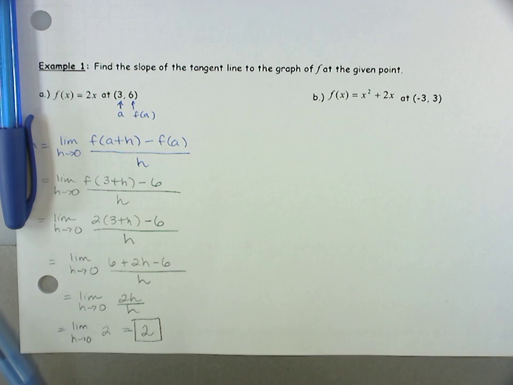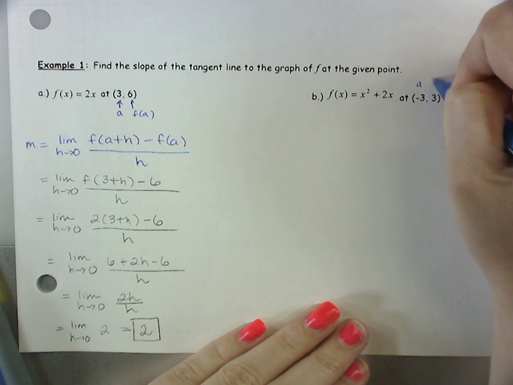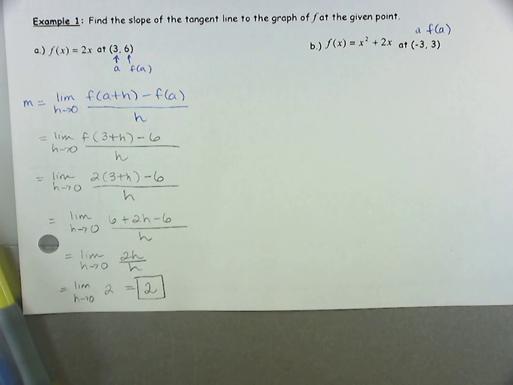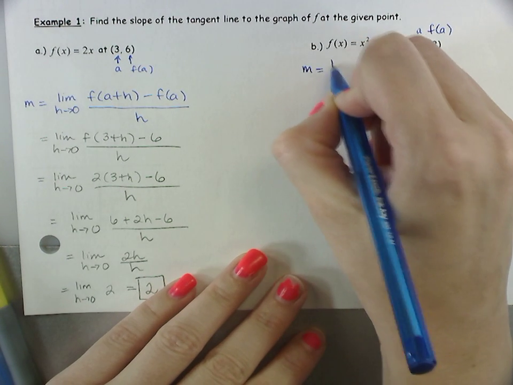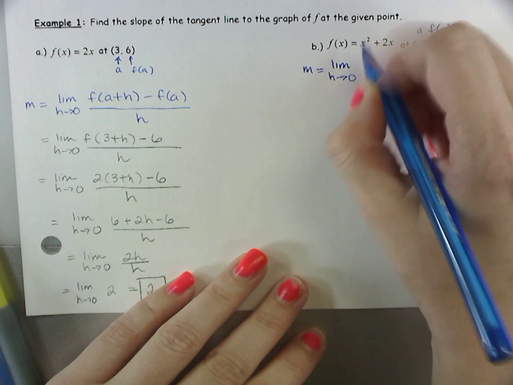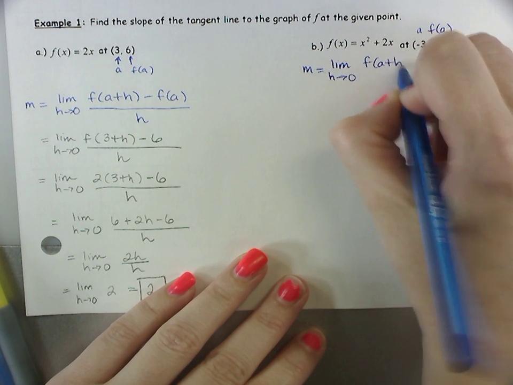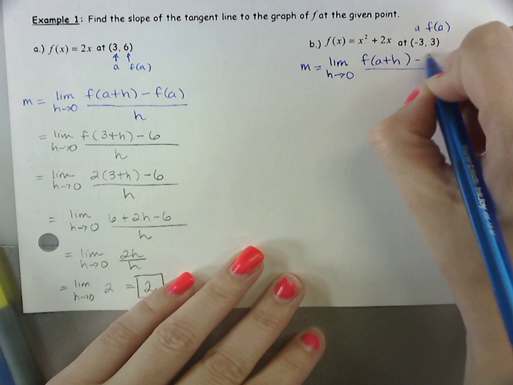We might have f of x equals x squared plus 2x at a given point. Again, we can label this as our a and our f of a. Go ahead and see if you can substitute in your correct values. I'm going to write out the equation again. Once you're done with this, because I know some of you are working ahead, go ahead and try this with the other equation.